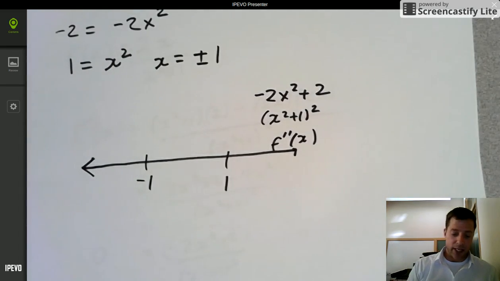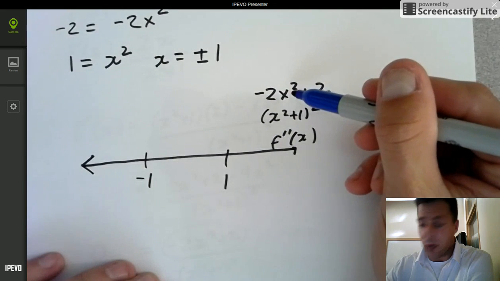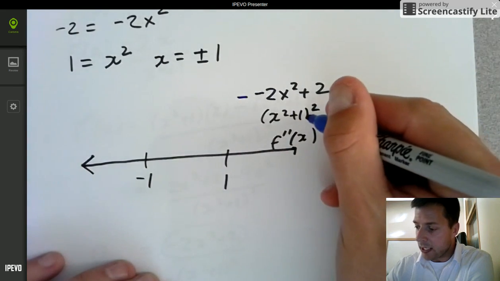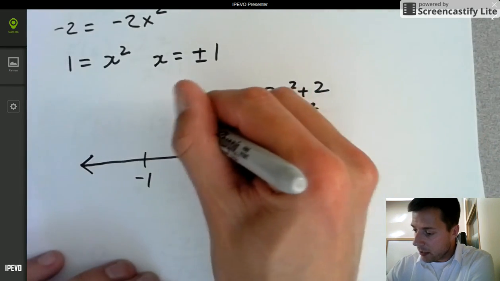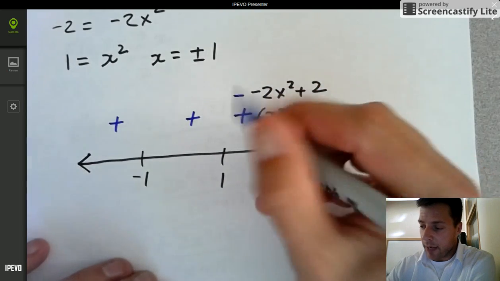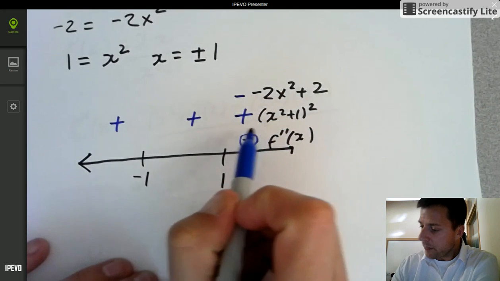So now let's look at picking some values. If I pick anything greater than 1, this is going to be negative. The denominator is always positive, so here, here, and here it is always positive. A negative divided by a positive is a negative. Now let's look here.